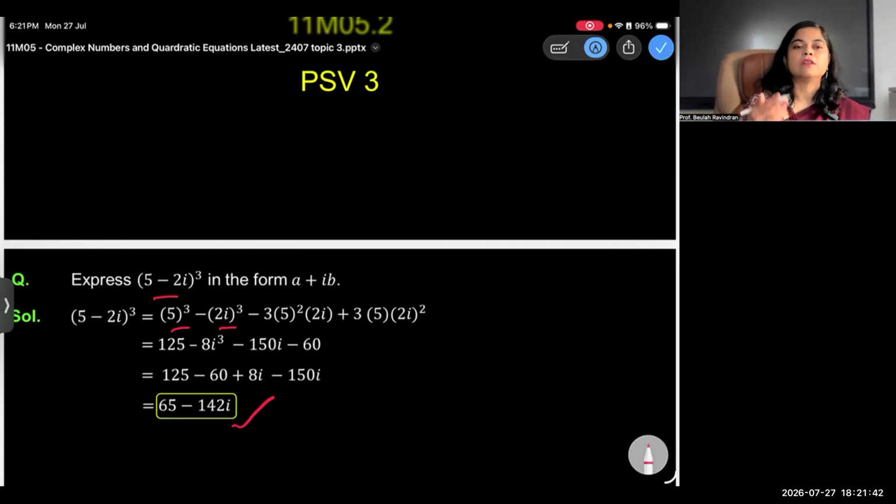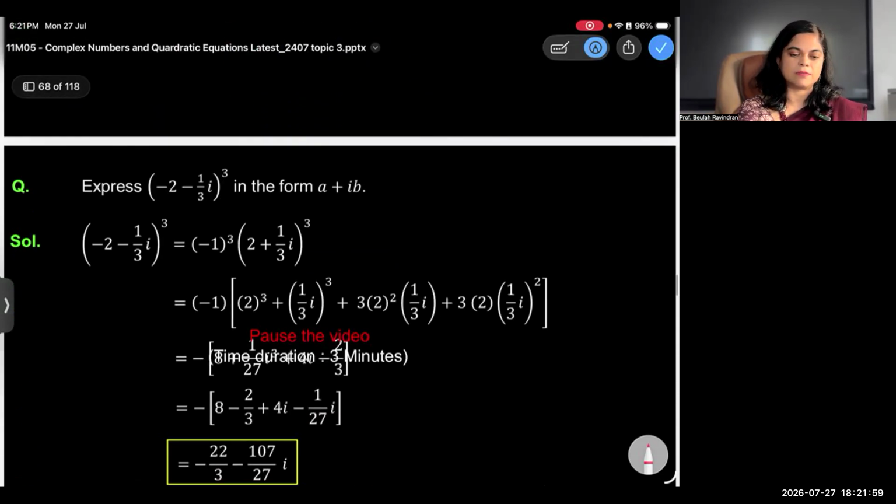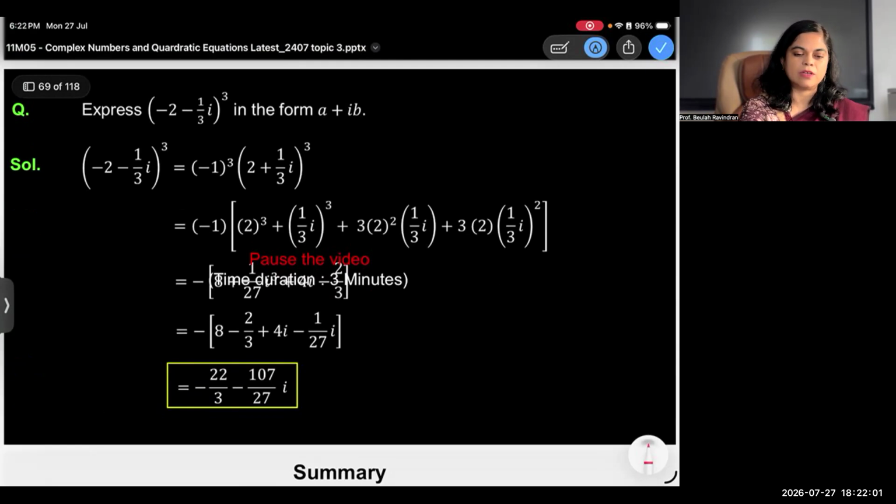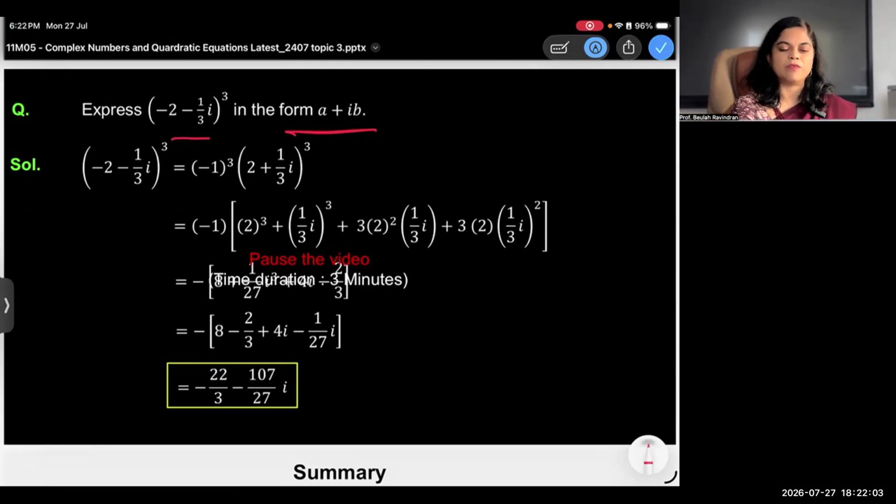Simplify the term in the form of a complex number, and then you should find the 1 by z, that is the inverse of the number, and make sure it is multiplied by the conjugate to rationalize the term. You have to express it in the form of a plus ib, like this.